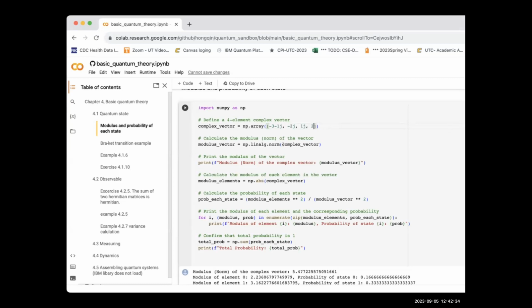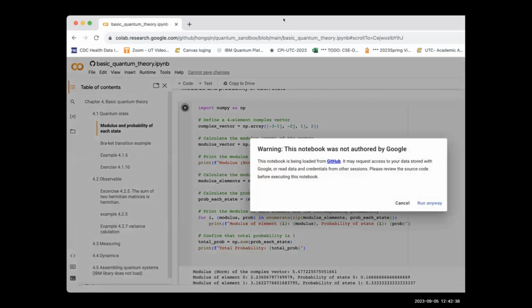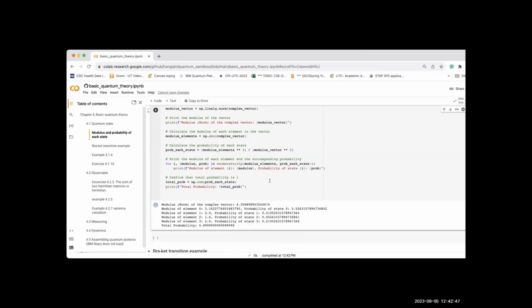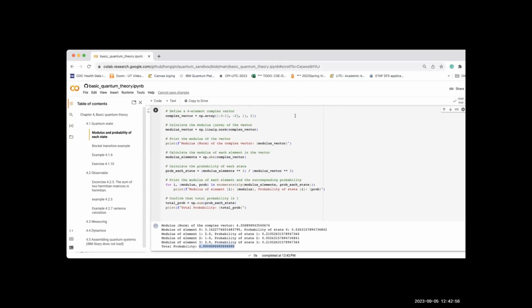Okay, this is the book example. It's not exactly 1.0, but close enough. So let me write it down: Example 4.1.1, sorry.